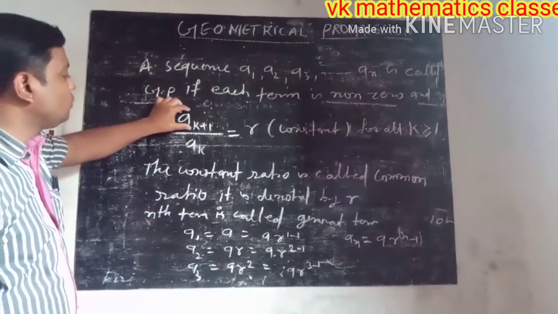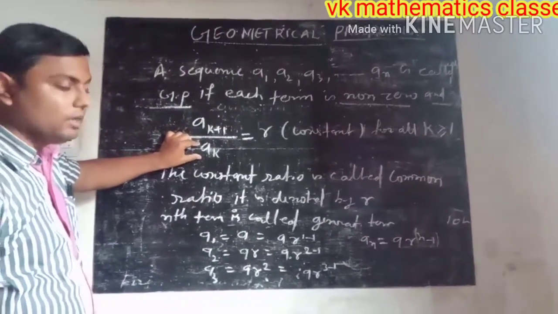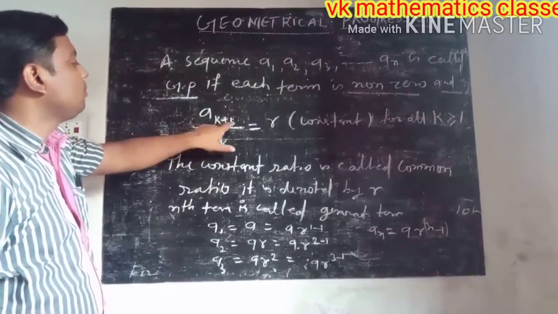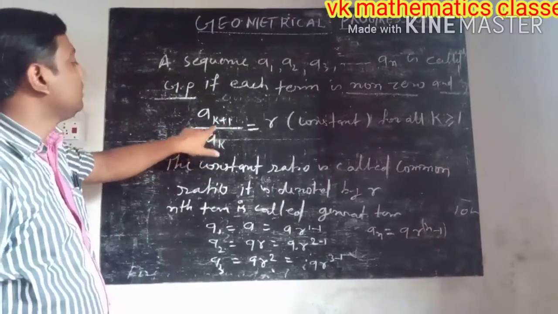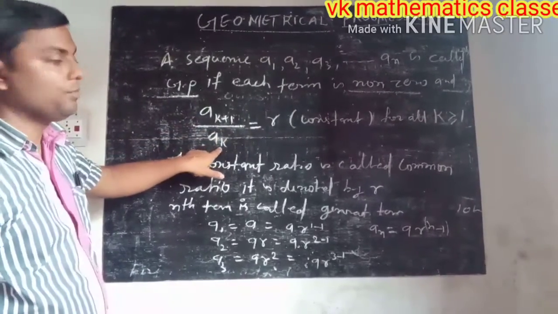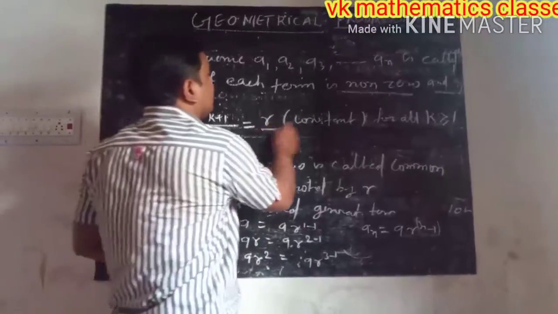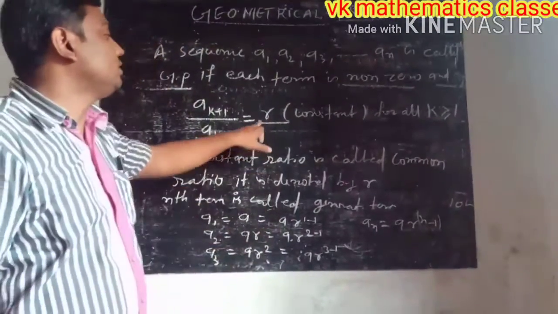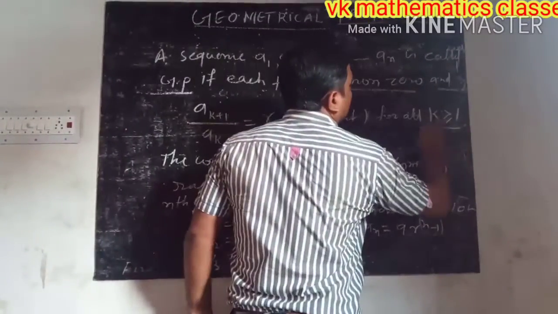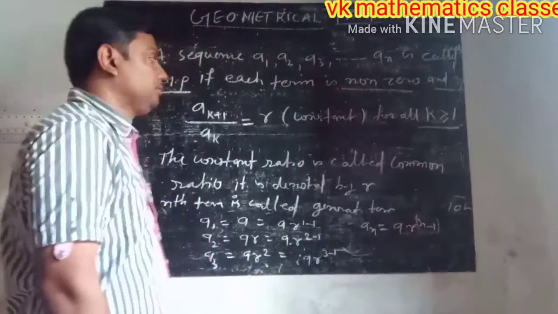Suppose if taking k equal to 1, therefore a2 by a1; if we take k equal to 2, a3 by a2. This is constant, and this constant is called r for all k greater than or equal to 1.